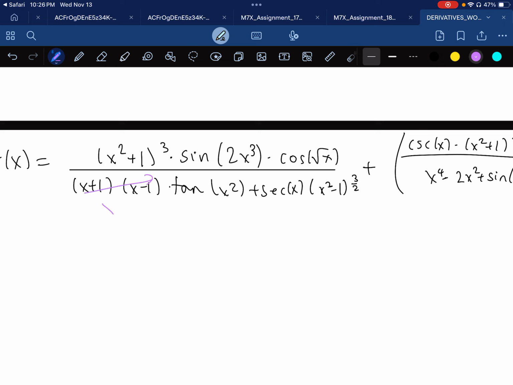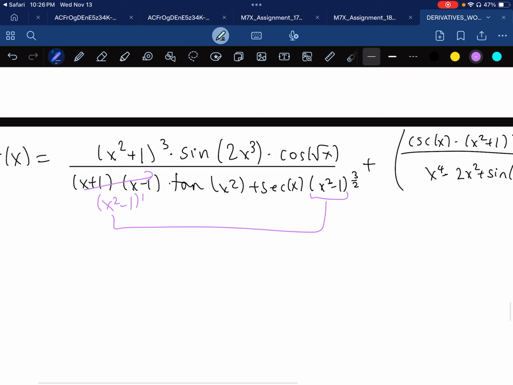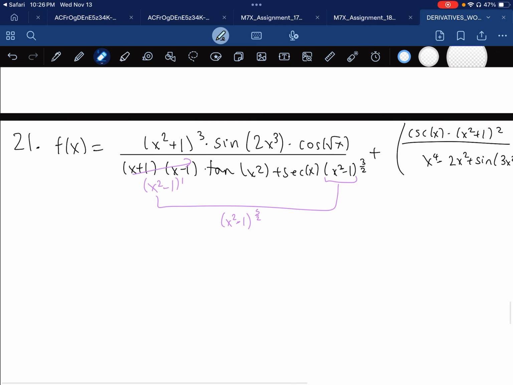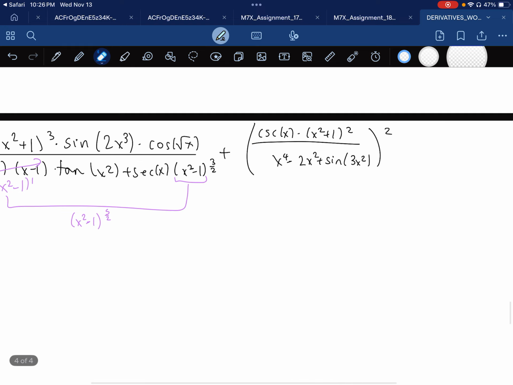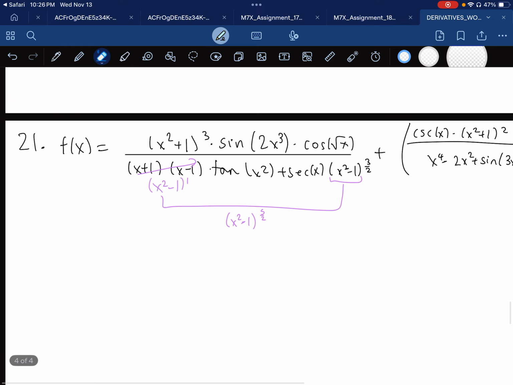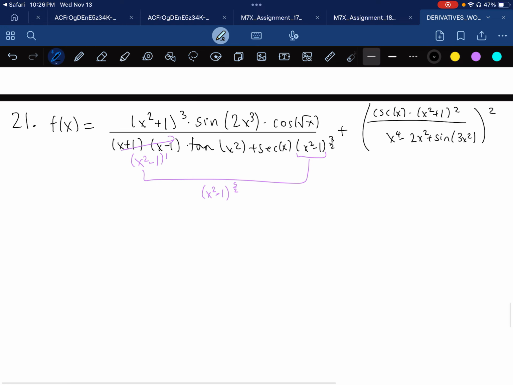This becomes x squared minus 1 because I noticed this x squared minus 1, and this is to the 1, so we'll use our rules to let this just become (x squared minus 1) to the power of 5 halves. So you see how that definitely made it better? Okay, so we got rid of 2 terms already. We replaced it with 1. Here we can't do anything on the left, and on the right we can't do anything. Now is when we differentiate, okay?